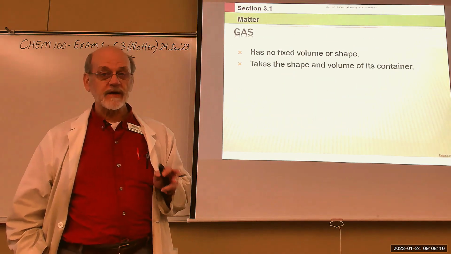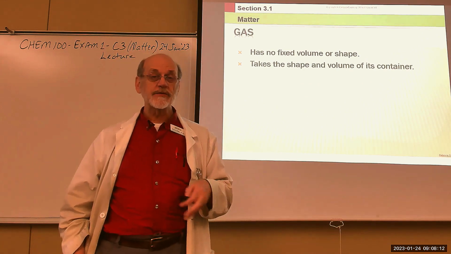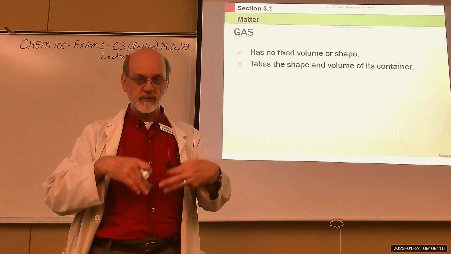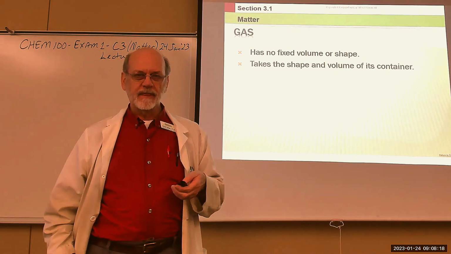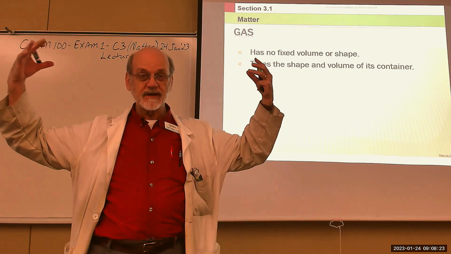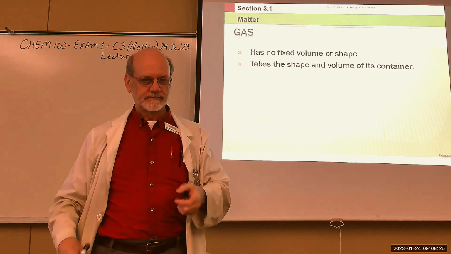Gases have no fixed volume and no fixed shape, so they will assume the shape and the volume of the vessel in which you place them. If you put a small amount of gas into an evacuated cylinder that's this big, it'll expand to fill it.